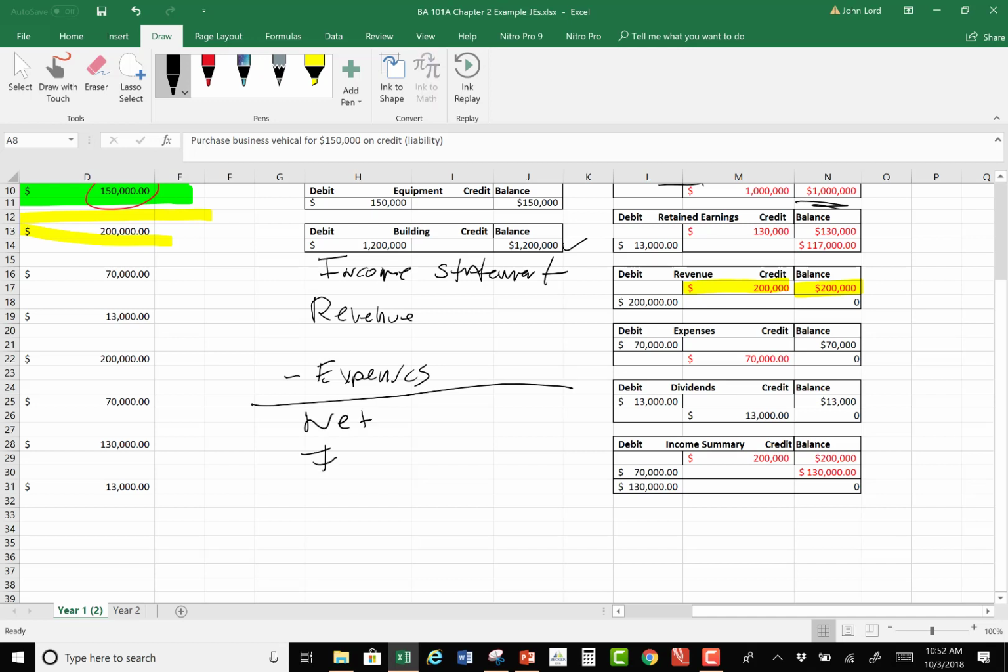So right now, my revenue is showing at $200,000, isn't it? Now, guys, I know you can see expenses under there, but you have to use your imagination. Right now, my expenses would be zero because I haven't paid any expenses yet. So if my expenses are zero, my net income is $200,000, isn't it? Because I don't have any expenses.